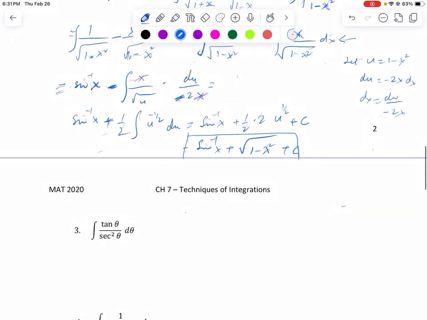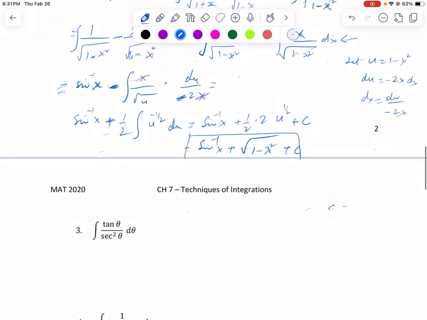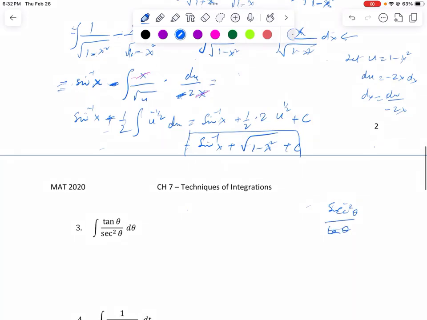If it was in the other order, with secant squared theta on the top and tangent theta at the bottom, this is a clear u substitution problem. You can say u equals tangent theta, and secant squared theta is actually the derivative of tangent theta.